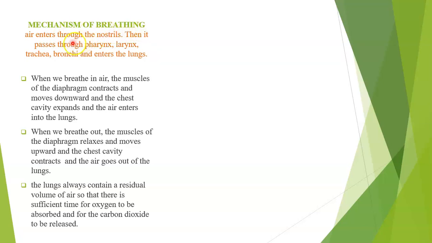So before that, first let us see what is the flow of air inside the body, right? So the air will enter through the nostrils, it goes through pharynx, larynx, trachea, bronchi, and then it enters the lungs. Okay, so this is the flow of the air.